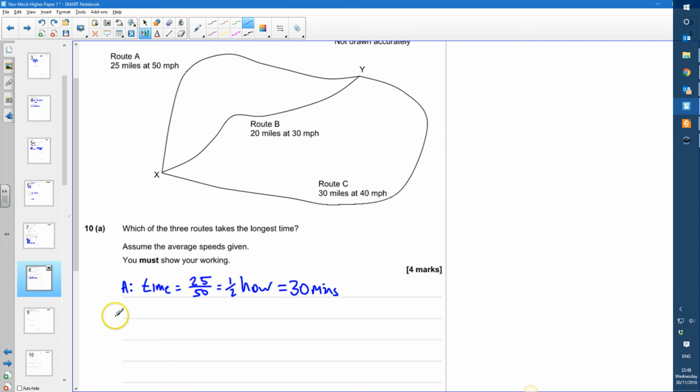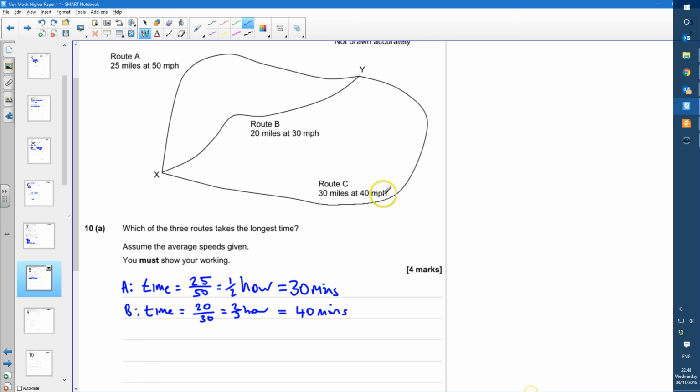And that's going to be equal to 30 minutes. Okay, for B, we've got our time that's going to be equal to 20 divided by 30, which is the same as 2/3 of an hour, and 1/3 of an hour is 20 minutes, so 2/3 is going to be 40 minutes.